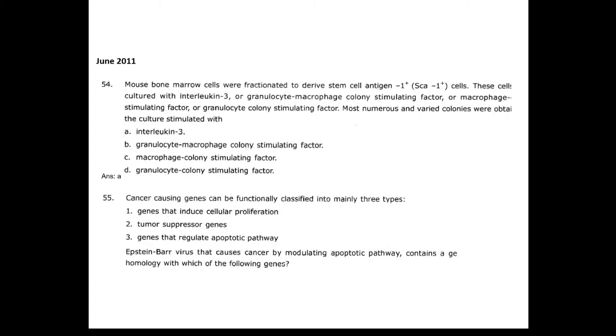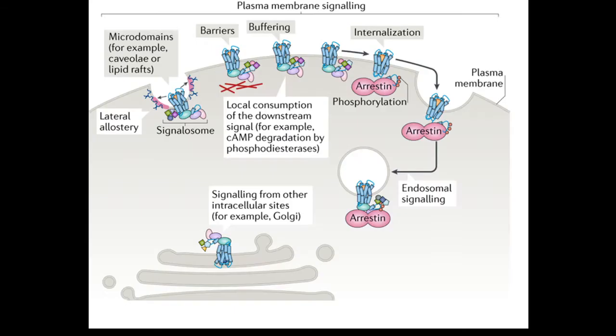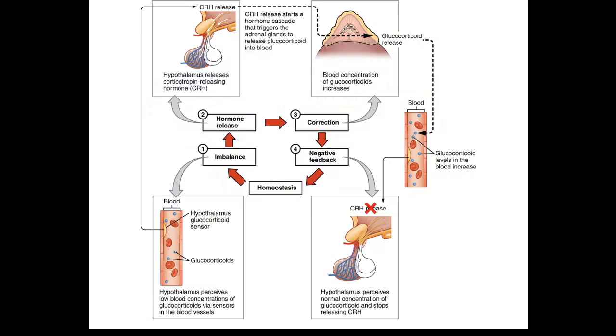What happens in any hormone? Due to the hormones, we get the signal, which I explained in the particular slide. Hormonal imbalance is a cyclic process. The imbalance is recognized by sensors.